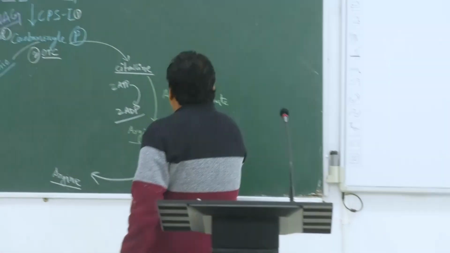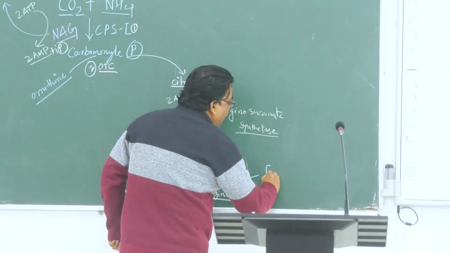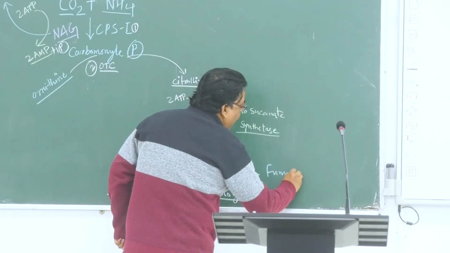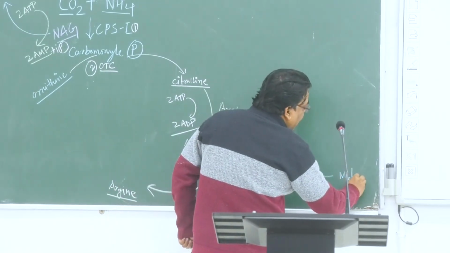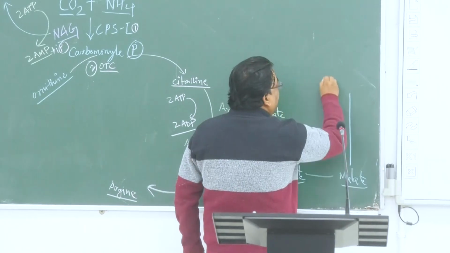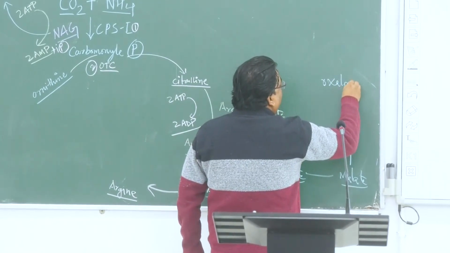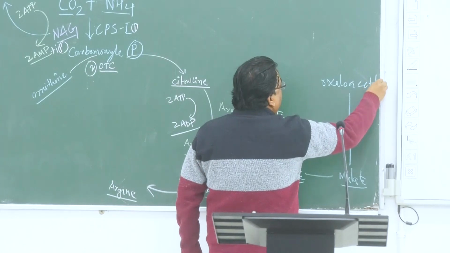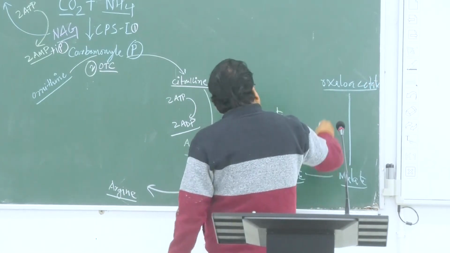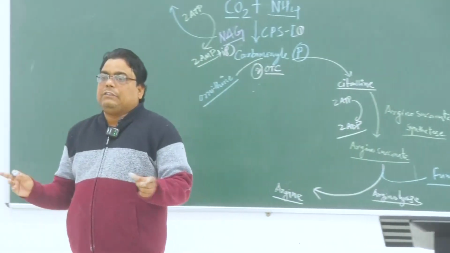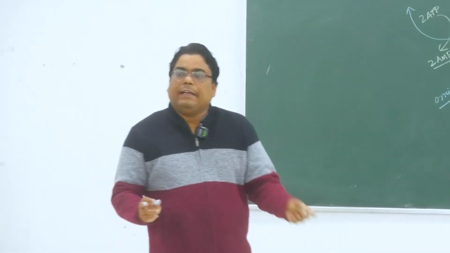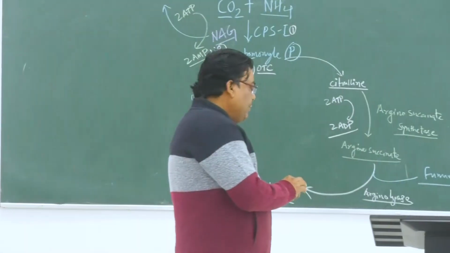Can anyone tell? Fumarate. This fumarate is converted into malate, and this malate is converted into oxaloacetate, and now this can participate in the TCA cycle. So these are all interlinked between the TCA cycle and the urea cycle.